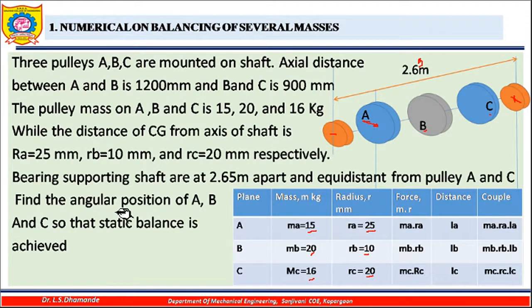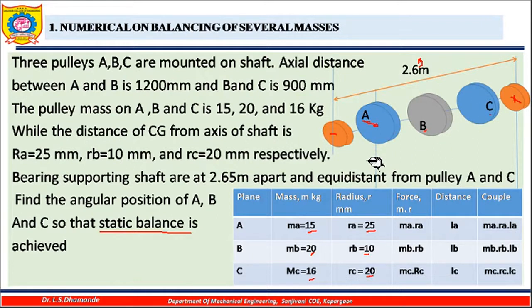We have to find the angular positions of A, B and C so that static balance is achieved. The angular positions of these masses are unknown, and you have to find them by considering static balance. Static balance means that if we draw the force polygon using these three masses, it should be a closed polygon.